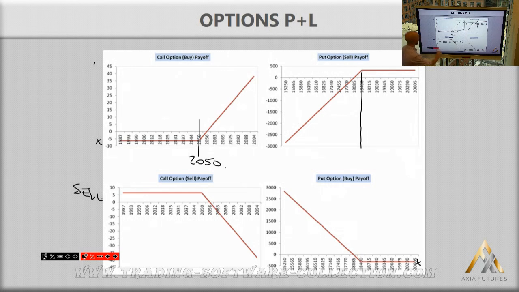Now, another basic option strategy that people use is a straddle strategy. So the idea is you are basically doing this one and this one. So you're selling a call and a put, taking the premium out of both.